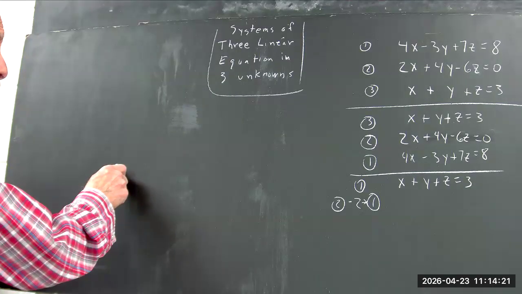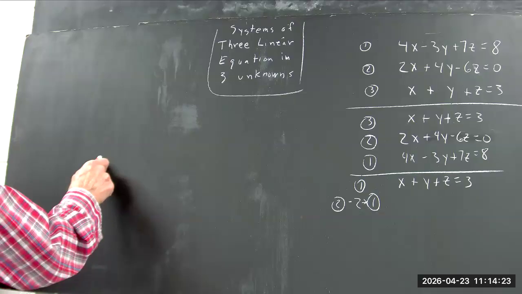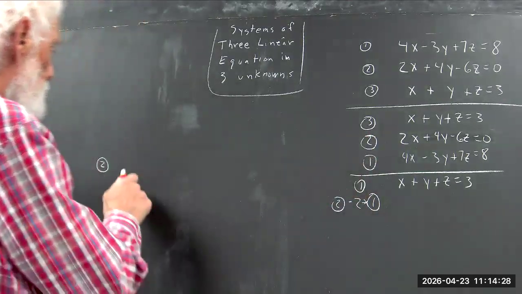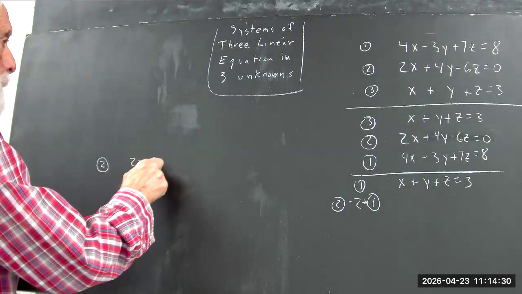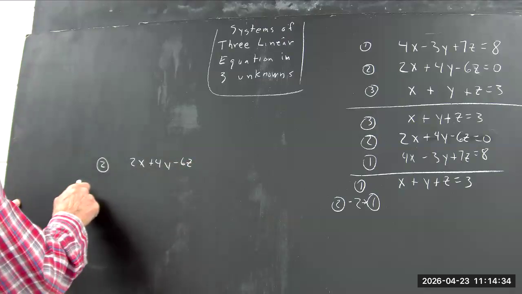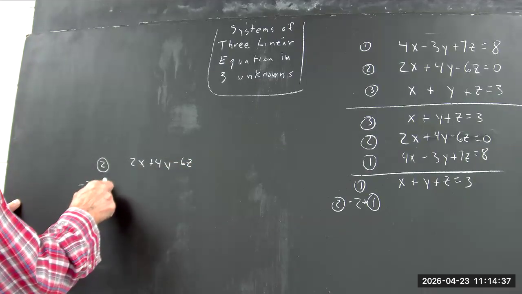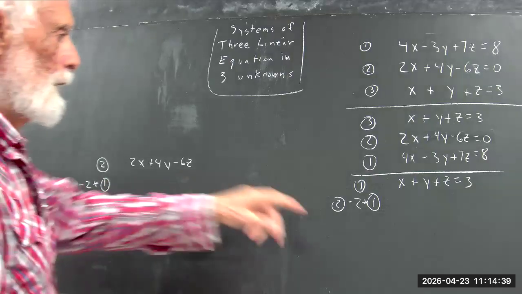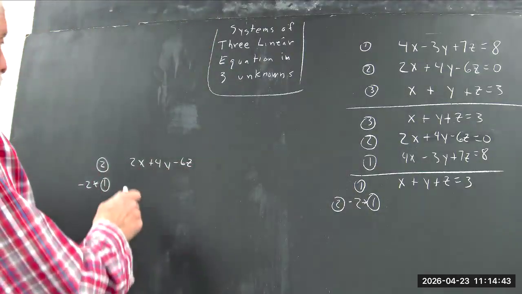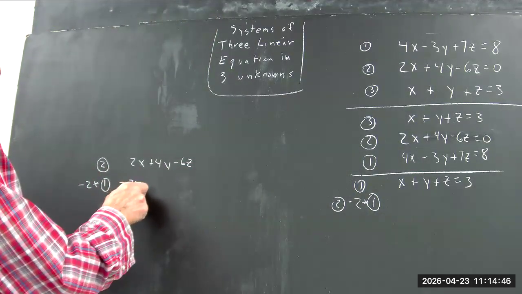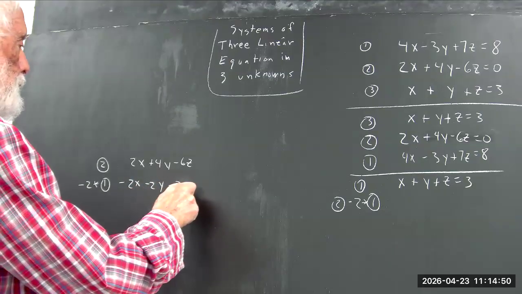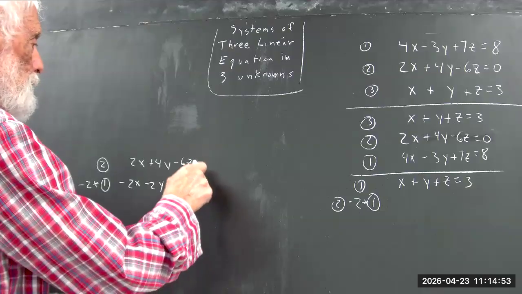I'm going to come way over here. And I'm going to write equation 2 for this step, which is 2x plus 4y minus 6z equals 0, and minus 2 times equation 1. Equation 1 is x plus y plus z equals 3, so I'm going to do negative 2x minus 2y minus 2z equals minus 6.